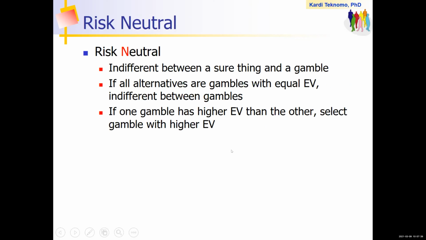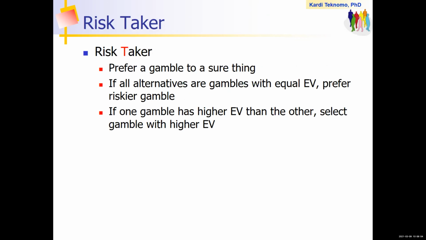Now, risk neutral is indifferent between sure thing and gamble. If all alternatives are gambles with equal EV, again, you are indifferent. You cannot decide between the gambles. If one gamble has higher EV than the other, you will select the gamble with higher EV. Similarly, a risk taker will prefer gamble over a sure thing.